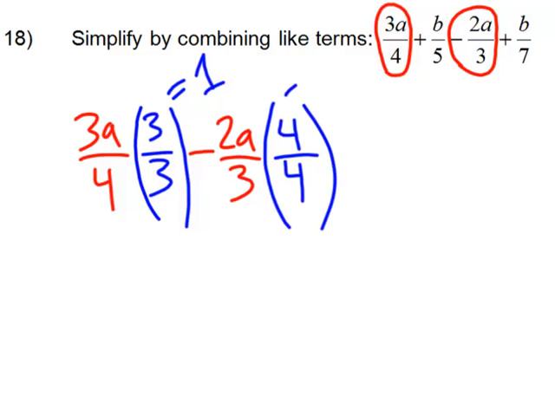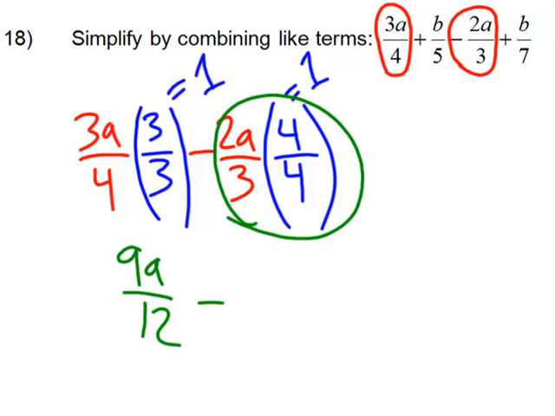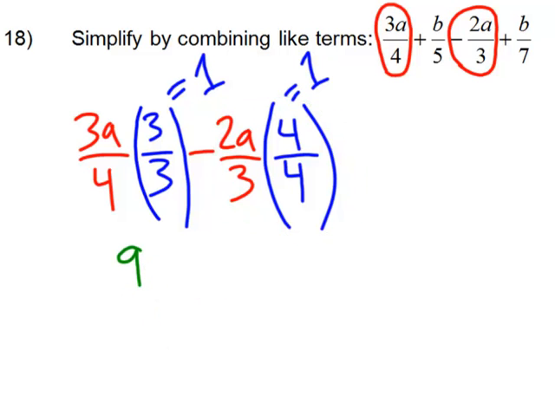And the second one, again, I'll multiply by 1 in the form of 4 over 4. When I multiply that out, 3a over 4 times 3 over 3 is going to give me 9a over 12, minus 2a over 3 times 4 over 4, which gives me 8a over 12.